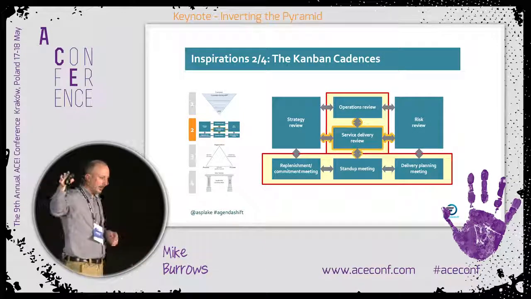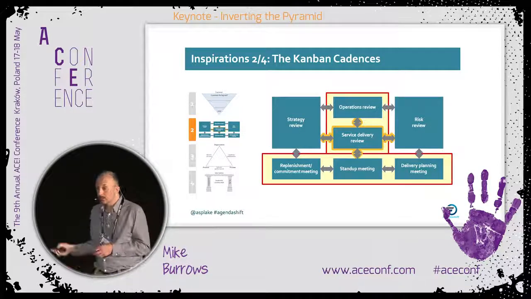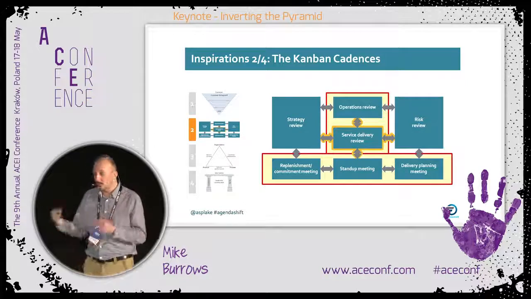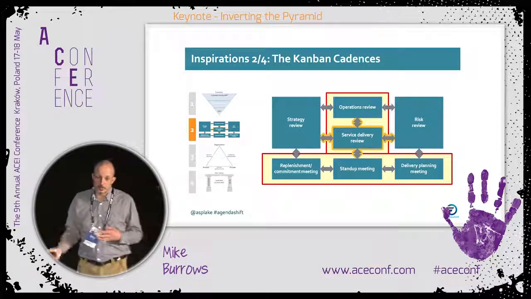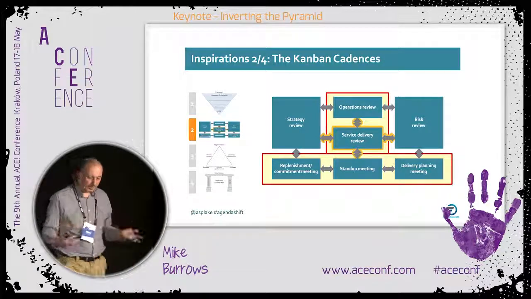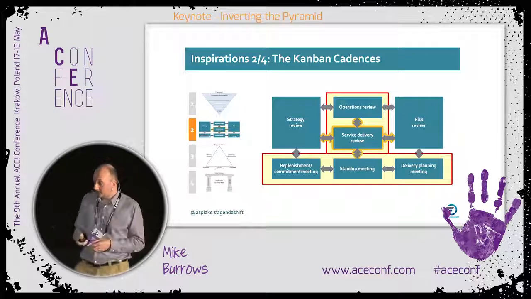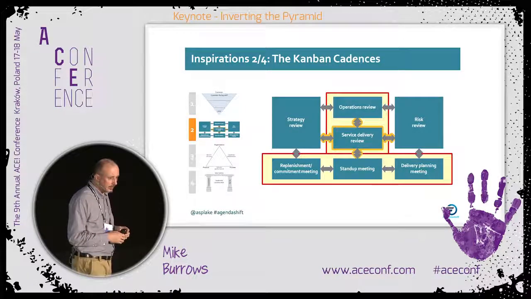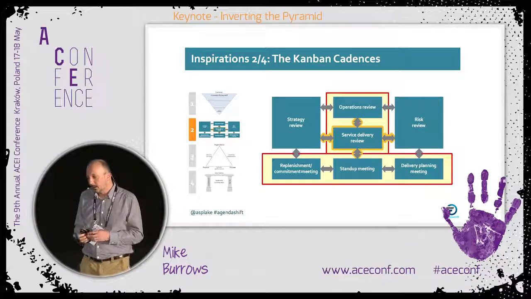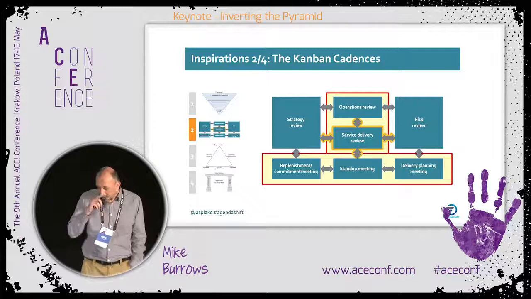And how does that relate to the operational goals of the organization and to the big decisions about where we're going to invest, what structure of organization we're going to have, what projects and programs we're going to do if we talk in terms of projects and programs and so on. So, nice simple model. I've highlighted the service delivery review box in the middle because we will come back to that in a few moments.